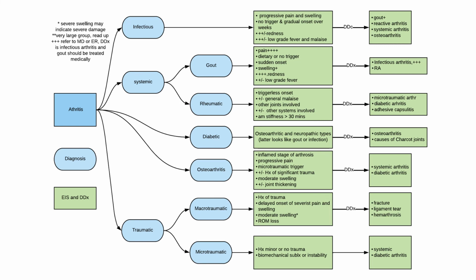And then, of course, you've got traumatic arthritis with a history of trauma, delayed onset of the severest pain with the swelling. So if you actually fracture something, then you're going to get immediate severe pain. When I say immediate, I mean within an hour or so of the trauma. Whereas macrotraumatic arthritis, which is not caused by major healthy tissue disruption, will be delayed.